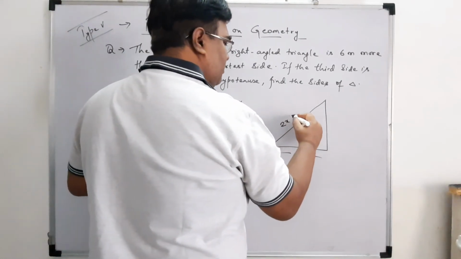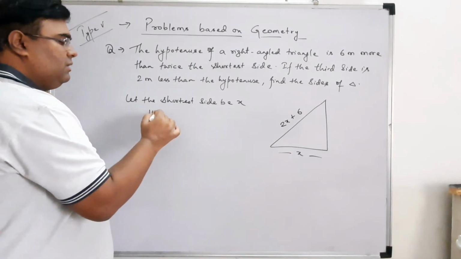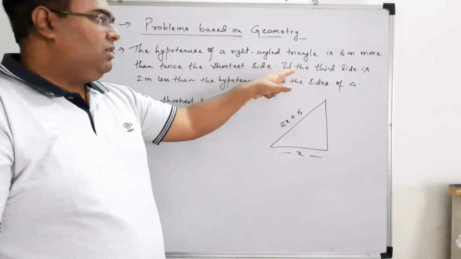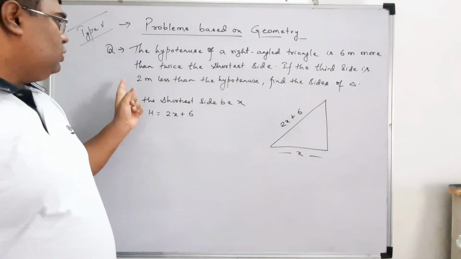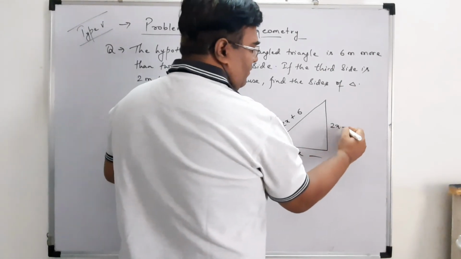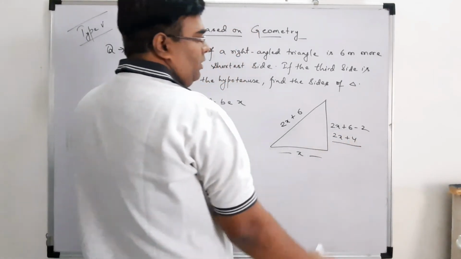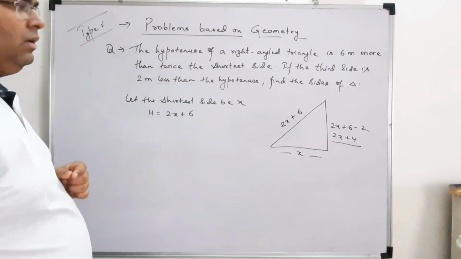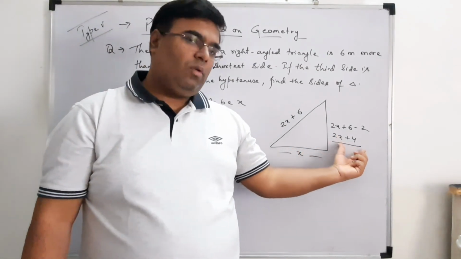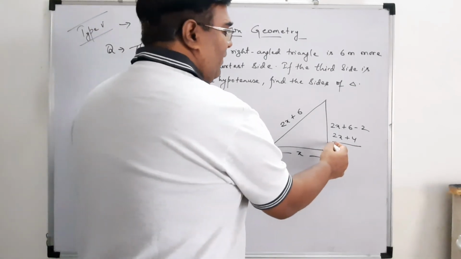So 2x plus 6. So my hypotenuse is 2x plus 6. Second, the third side, the remaining side, is 2 meter less than the hypotenuse, so it will be 2x plus 4. So my one side is x, the other side is 2x plus 4, and the hypotenuse is 2x plus 6. It's a right angle triangle, correct?